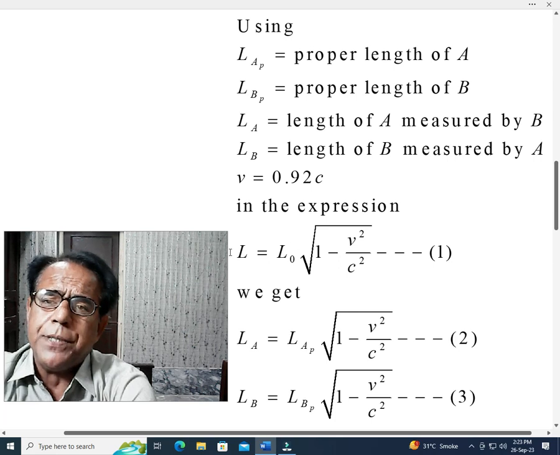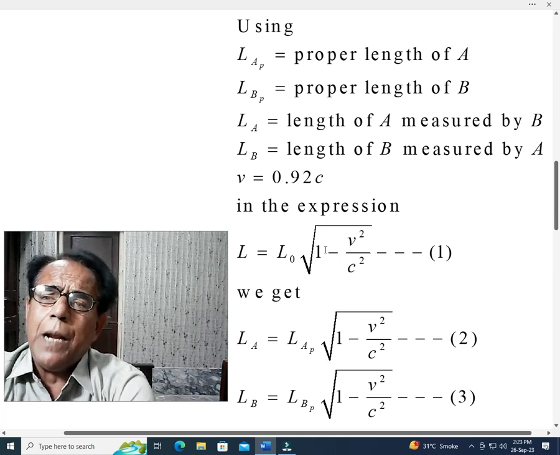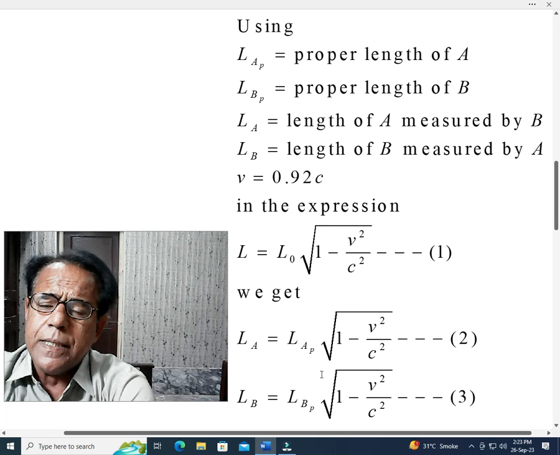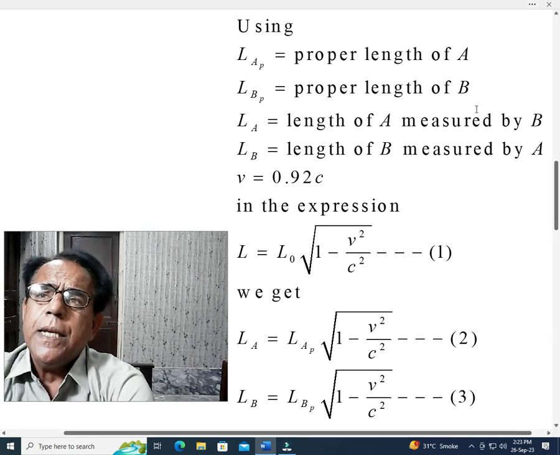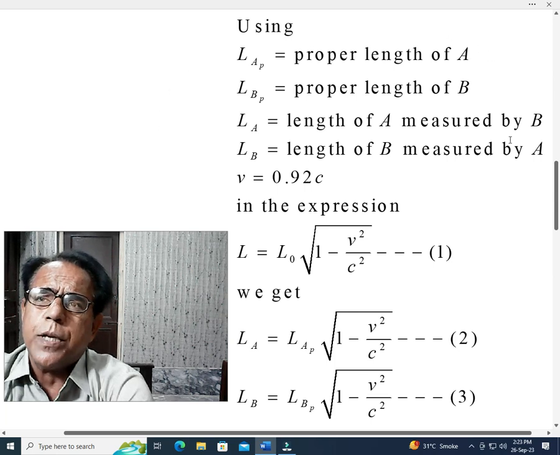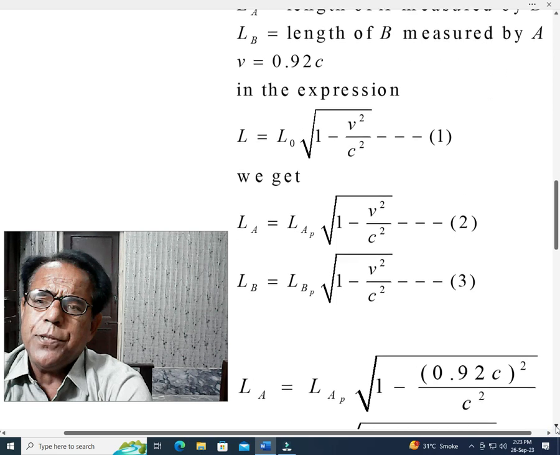On the basis of this, we have developed two other equations, keeping in view these four notations. Now we will solve 2 and 3, and hence our problem will be solved.